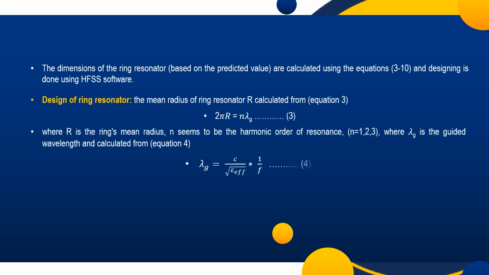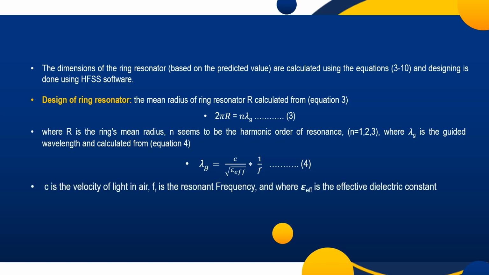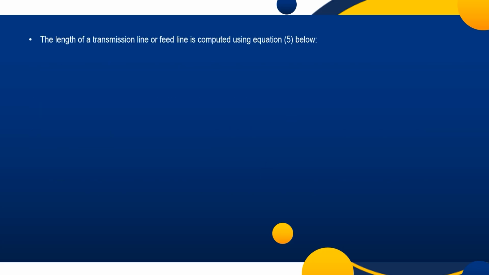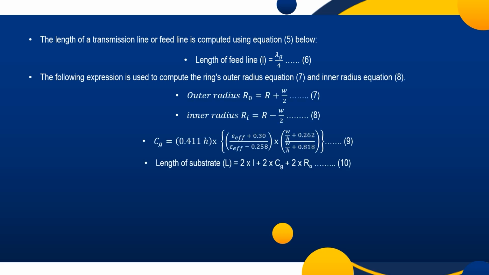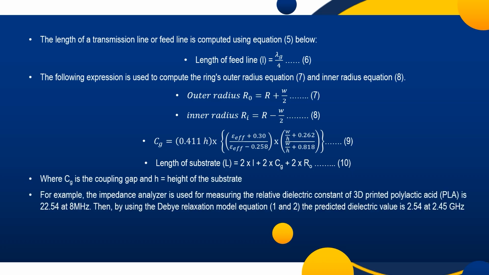Here lambda g in equation 3 is the guided wavelength, calculated by equation 4, where epsilon effective is the effective dielectric constant that we have calculated. C is the velocity of light. Then there is a set of equations, 5 to 10, which you can see here. Based upon those equations we are able to calculate the exact dimensions of the ring and the size of the feed lines, right?